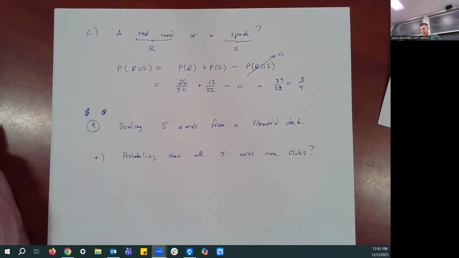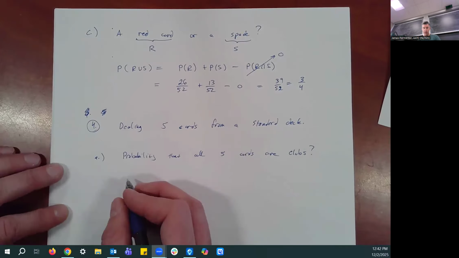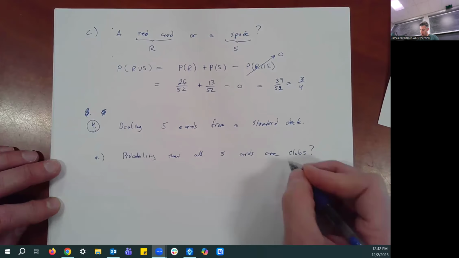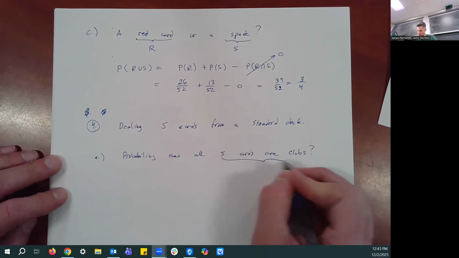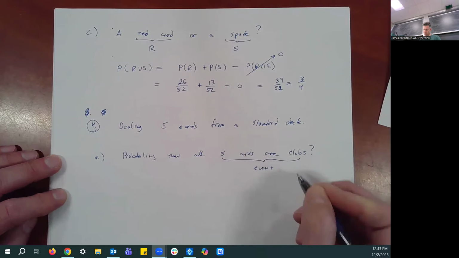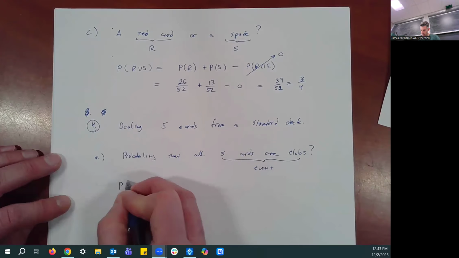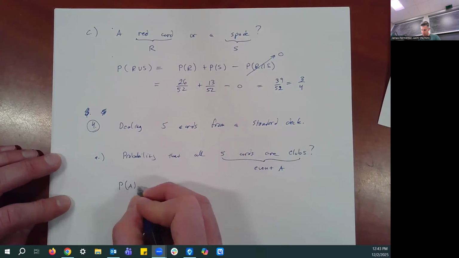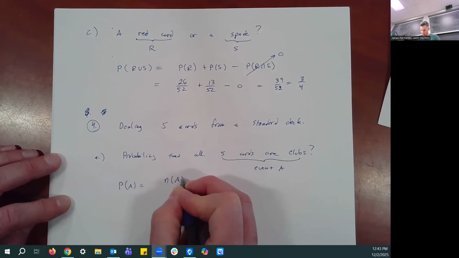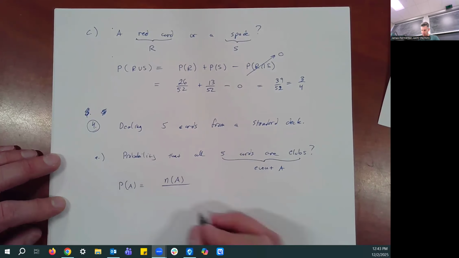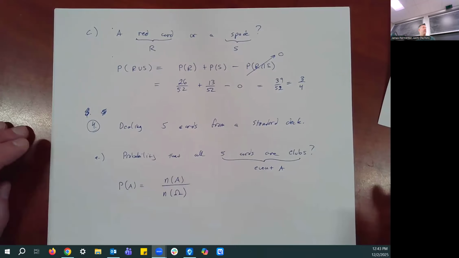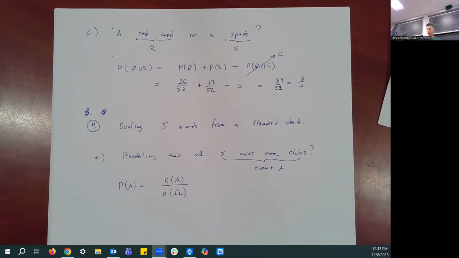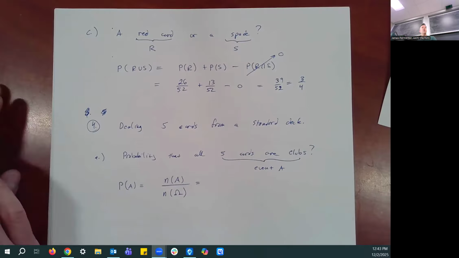Now we're back in the land of using the choose function. So again, if we call the event getting all 5 cards of clubs event A, the probability of A is going to be the number of ways of getting all 5 cards being clubs divided by the number of ways you can get anything, or essentially the size of our sample space. Well, there's 13 clubs.